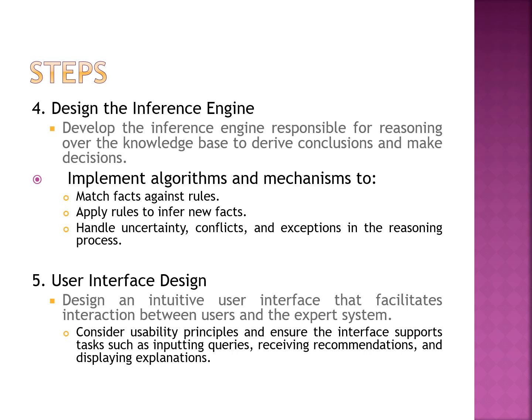You should apply rules to infer new facts, and if there is uncertain knowledge, then you should also implement a necessary mechanism to deal with the uncertainty. And if there are conflicts, there may be two rules conveying the same thing, so you should try to add semantic representation for that, and otherwise remove the redundancy. Also, you should find a mechanism to deal with exceptions in the reasoning process. So this is the core part of the expert system.